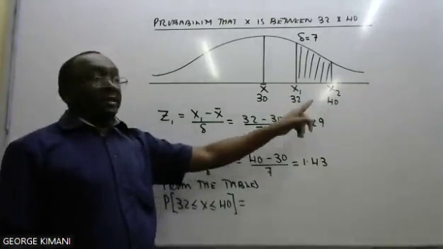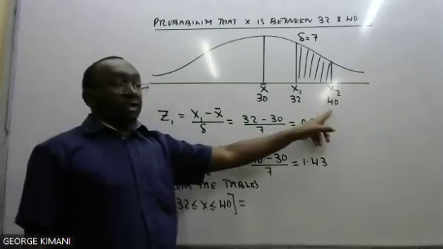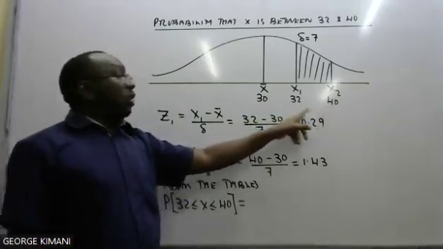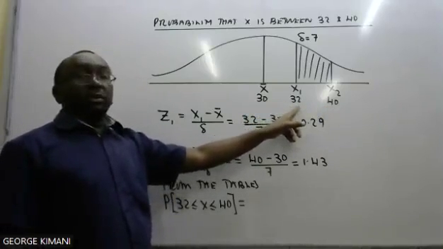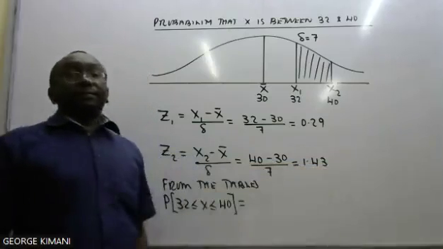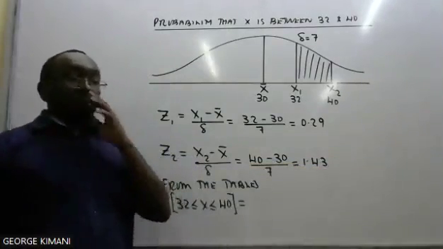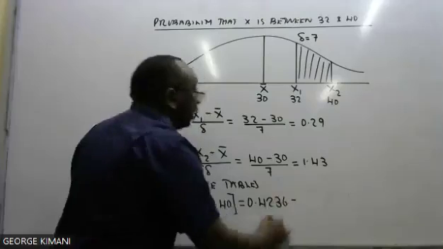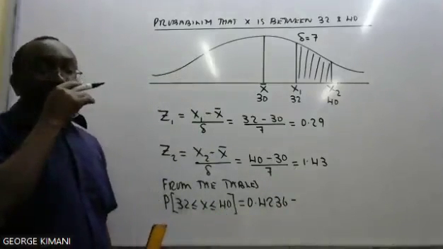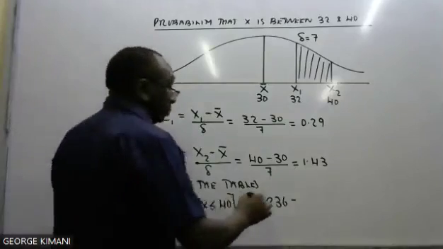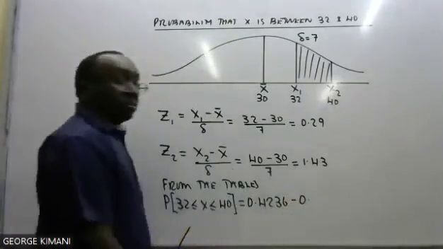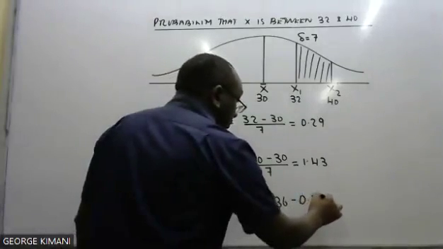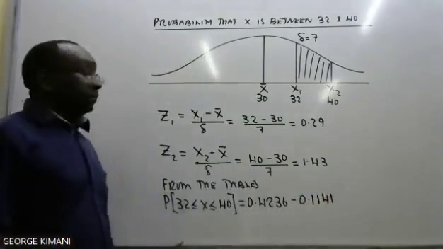So for us to get our desire of 23 to 40, we must get the probability from 30 to 40 and remove 30 to 23. So give me this first, 1.43: 0.4236. Then now read that of 0.29: 0.1141.